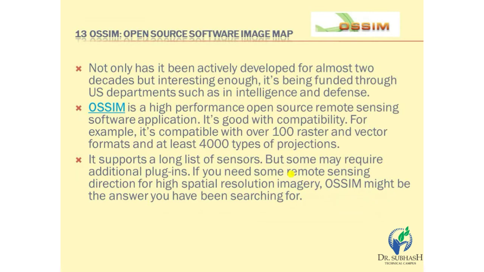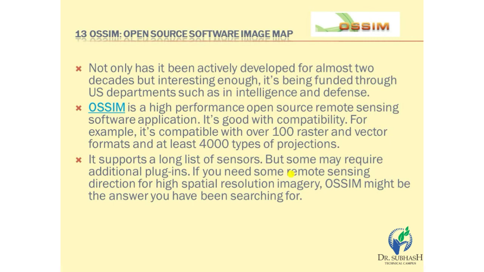OSSIM, Open Source Software Image Map. Not only has it been actively developed for almost 2 decades, but interestingly, it is being funded through US departments such as intelligence and defense. OSSIM is a high performance open source remote sensing software application. It is good with compatibility.